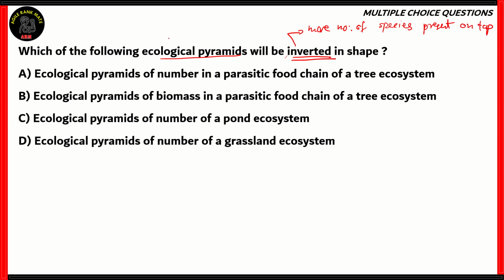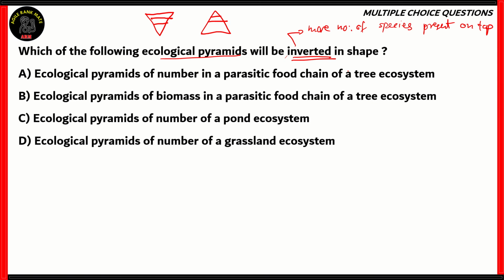So for example, an inverted pyramid would look like this, and the top layer would have more species or more biomass or more of the particular category than the ones below. Usually a pyramid is upright, where the top tier is lesser than the tiers below it.